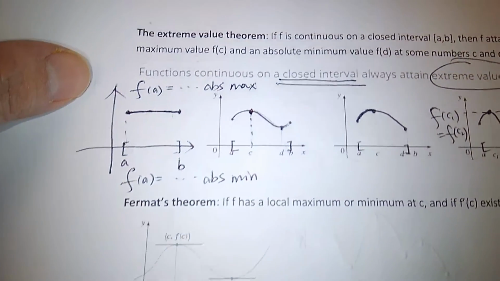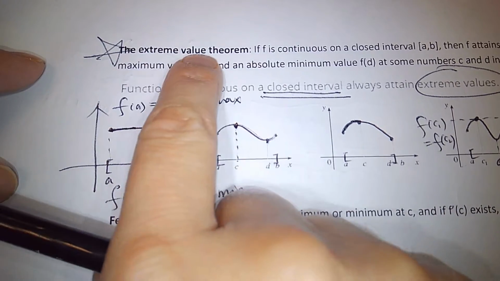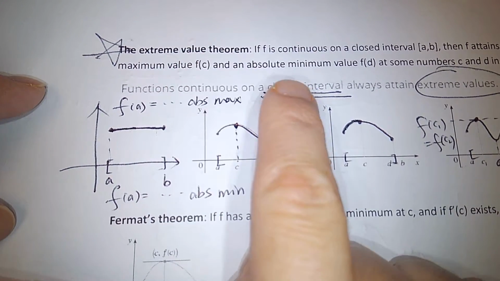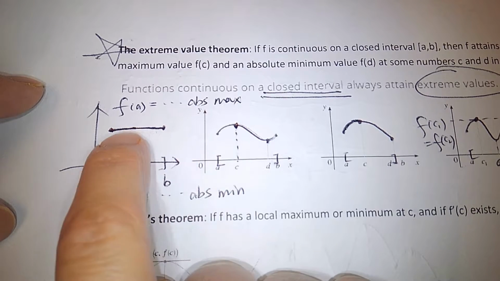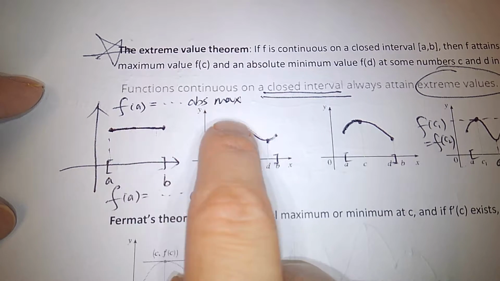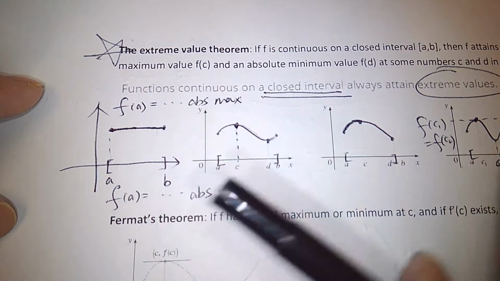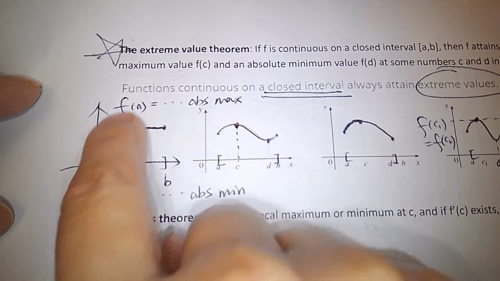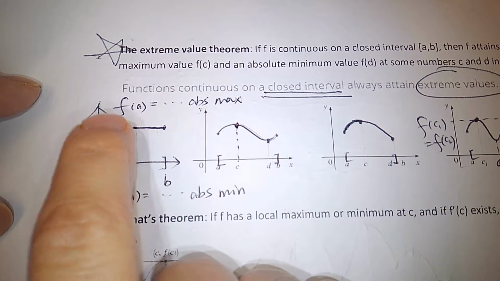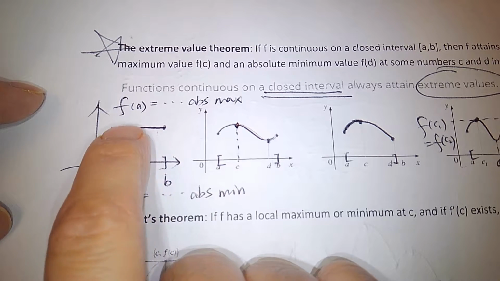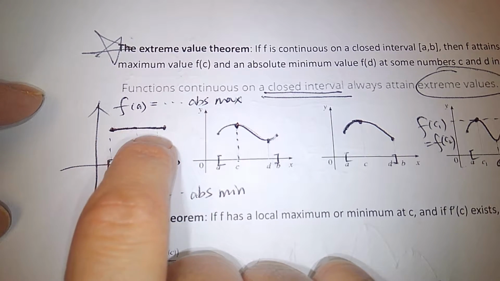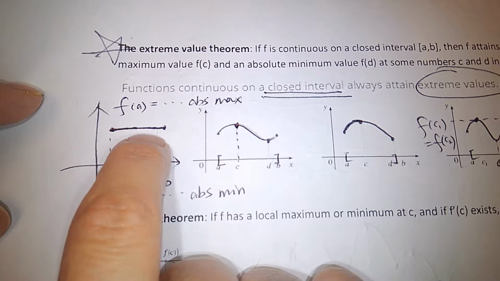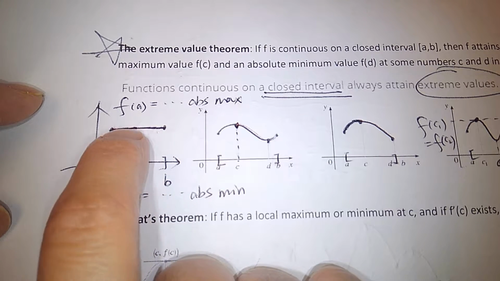Well, this theorem is telling us that as long as we have a closed interval, whatever this graph looks like, a curve like this, many curves, we will always have an absolute maximum and an absolute minimum. That means we'll always have a highest point and a lowest point on the graph.